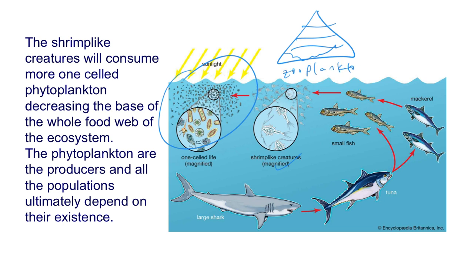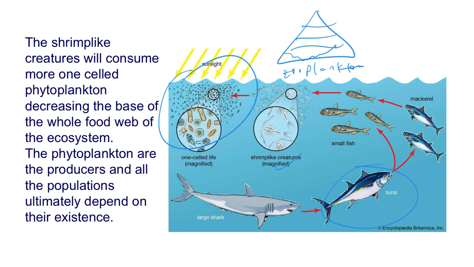And that would crash, and then everything crashes, because the small fish won't have as many zooplankton to eat. So up the food chain, where the tuna was, there wouldn't be enough food for the tuna, so the tuna population, which increased at first, would fall.